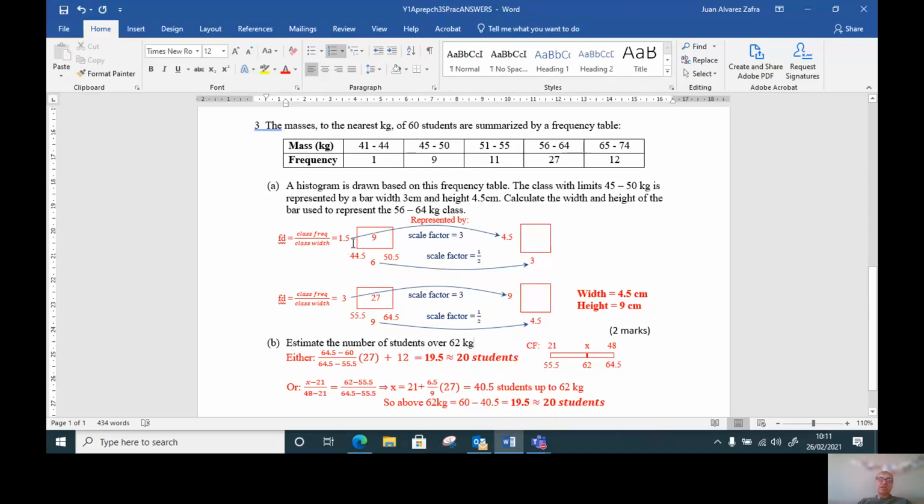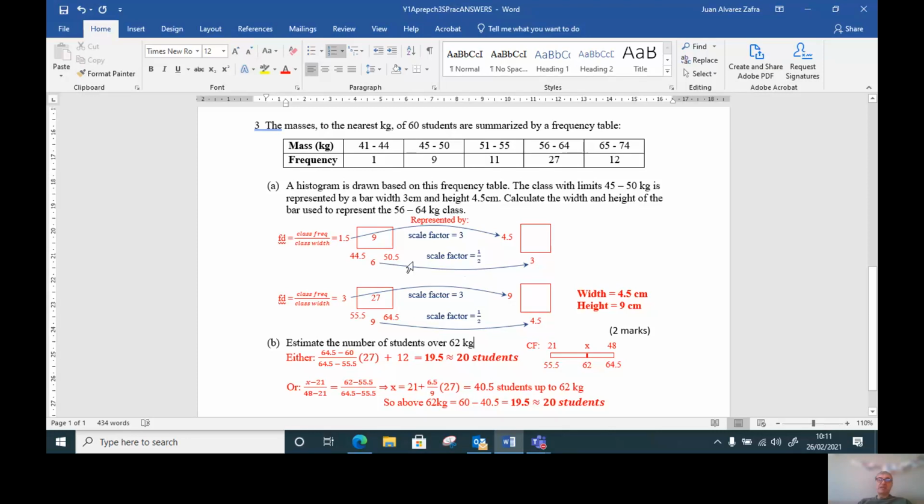So I'm going to calculate what the actual scale factors are. We're told that the width of the bar representing the 45 to 50 kilogram class is 3 centimeters, but we saw earlier that's representing a width of 6 kilograms. So the scale factor of the class width to the actual width of the bar is 6 going to 3.